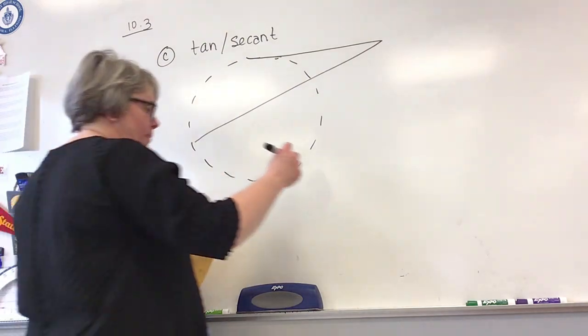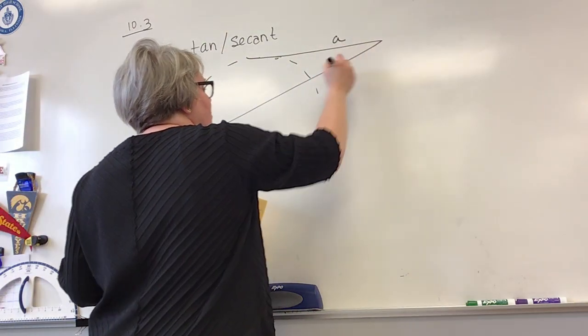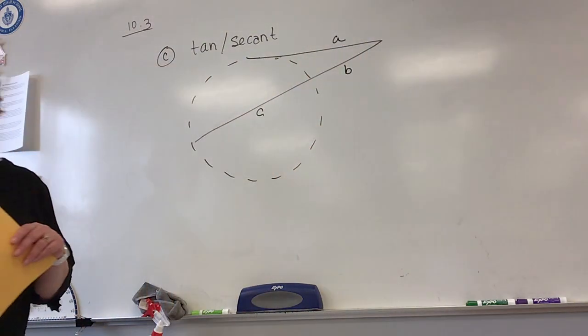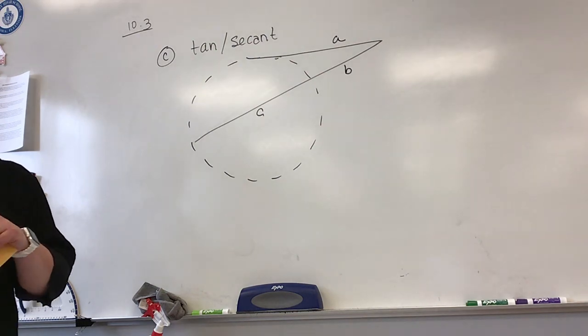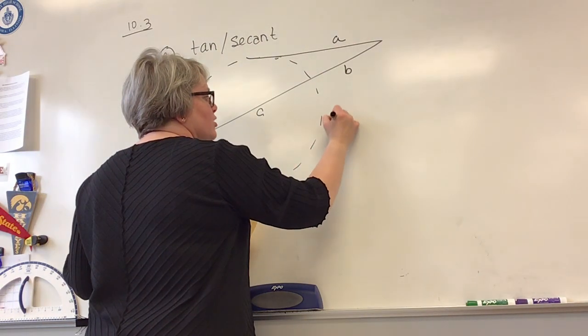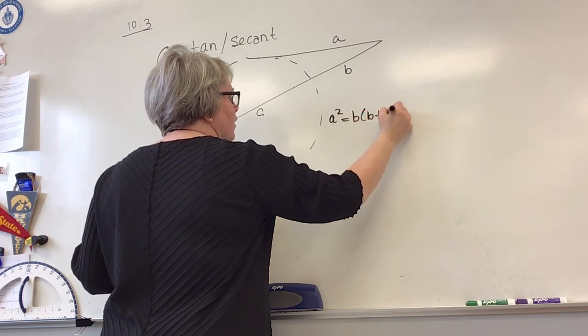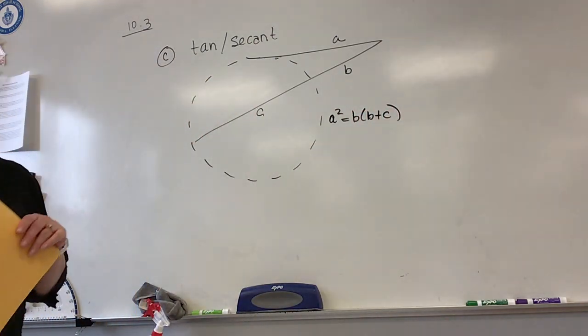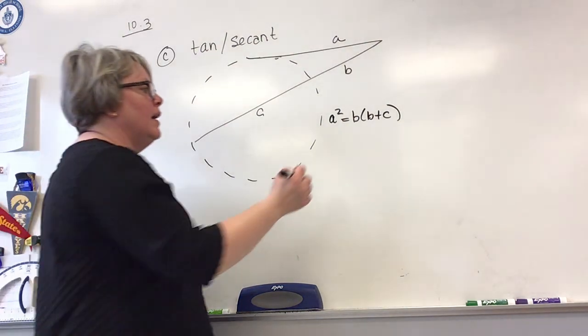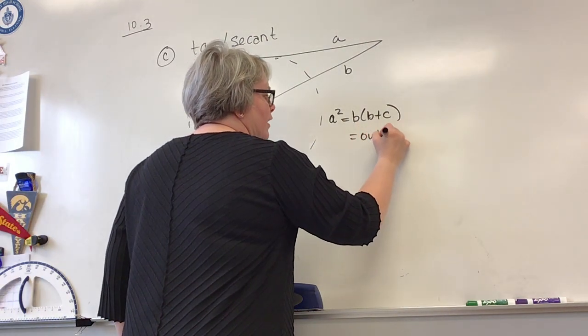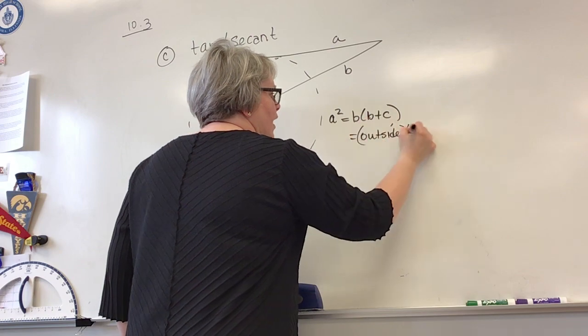Okay, I'm going to call this part A, the outside part B, and this part C. This formula is a little wacko. A squared equals outside times whole. Because the secant, we already know, equals the outside times the whole.